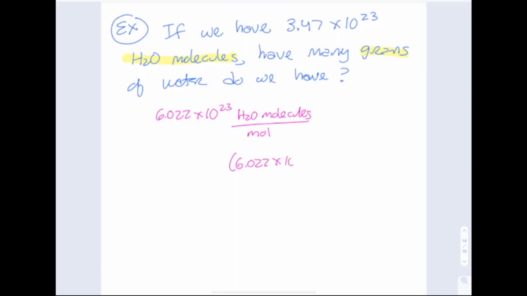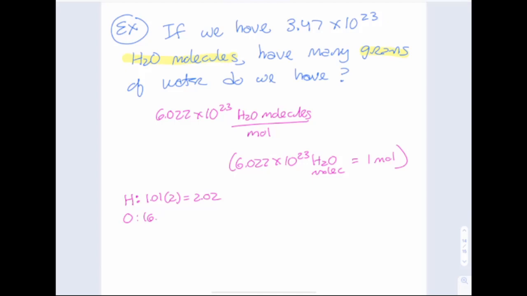6.022 times 10 to the 23rd water molecules is equal to 1 mole, right? Same thing, just written differently. And then the molar mass of water: hydrogen is 1.01, there's 2 of them.